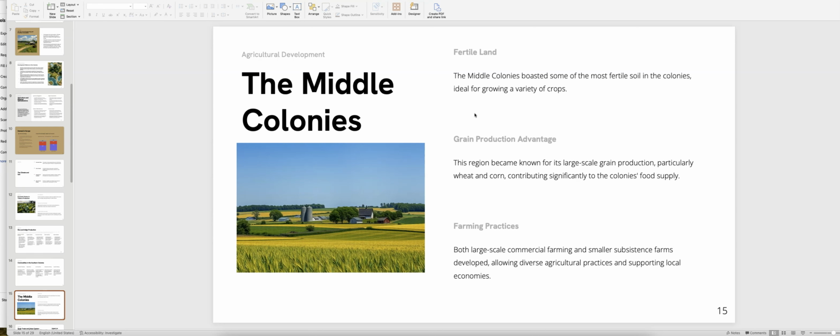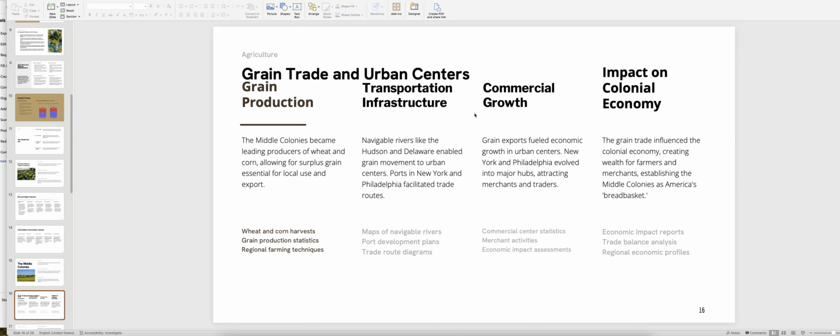You've got some, I mean, it's not that it's illegal, but you just don't have very many. But the farms are much smaller. And so, again, not a lot of export. The economic relationship to England is not as strong as it is for the southern colonies.